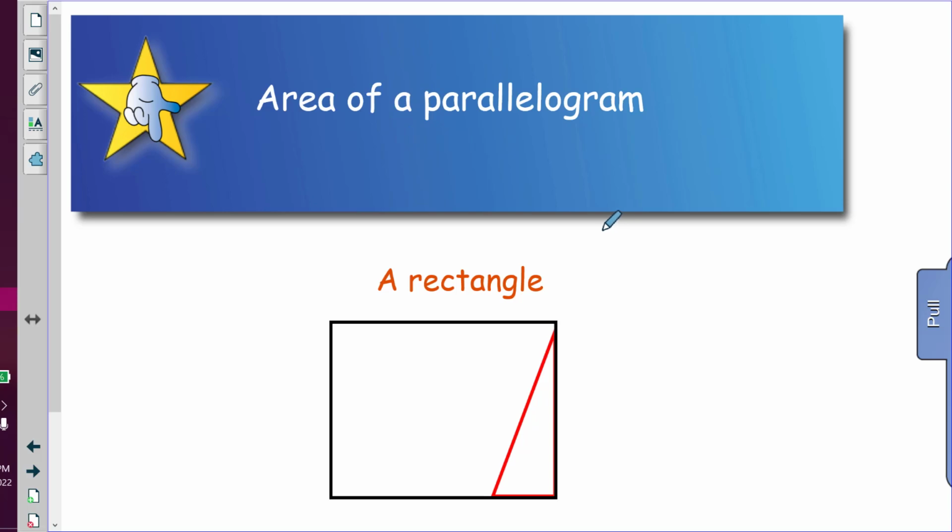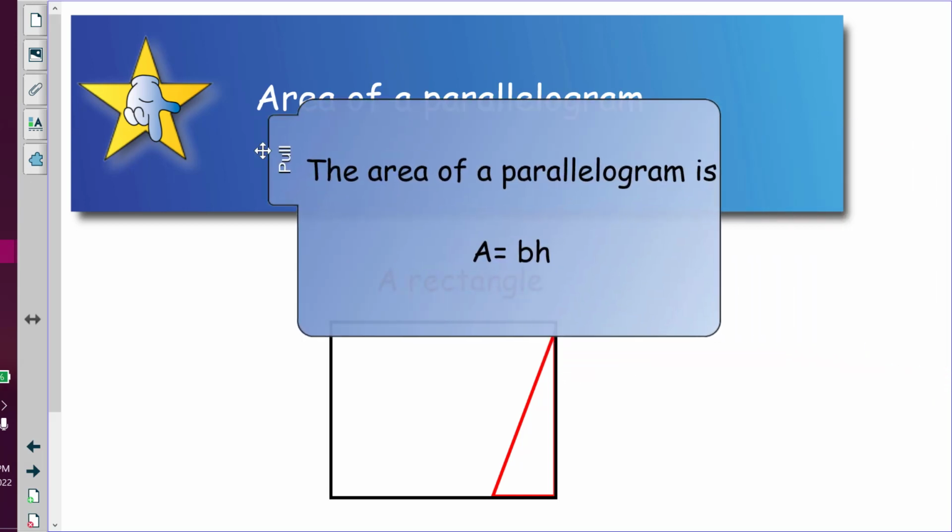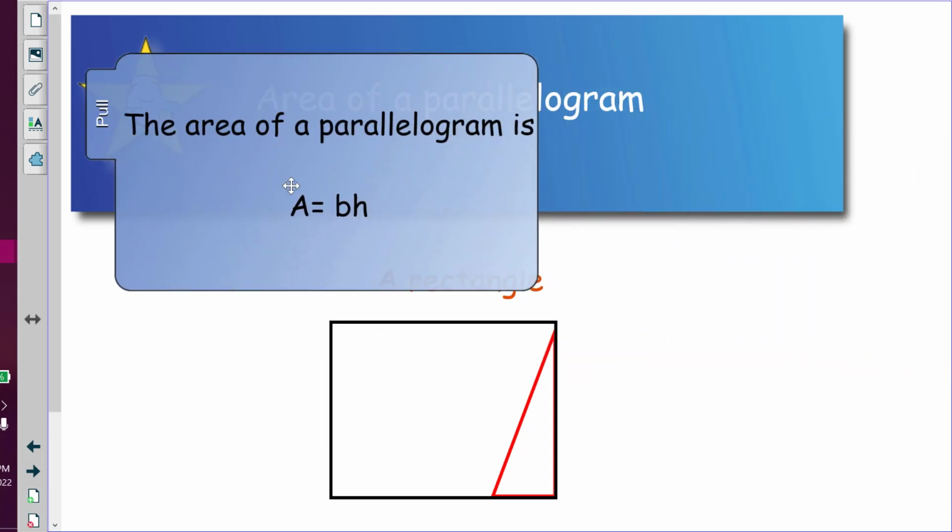You would have a rectangle. So therefore, the area of a rectangle and the area of the parallelogram are the same. So the area of a parallelogram, again, is base times height.